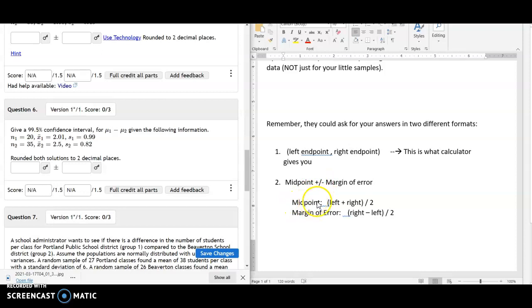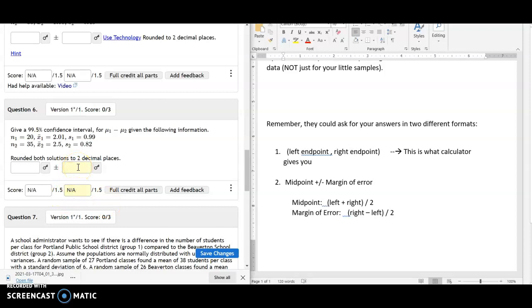The midpoint you find by taking your left and right endpoints that the calculator gives you, adding them together, pushing enter, then dividing by 2. That's what you would put in first. And then the margin of error you find by taking the length of your interval, the right endpoint minus the left endpoint, push enter, and then divide by 2, and that goes here.